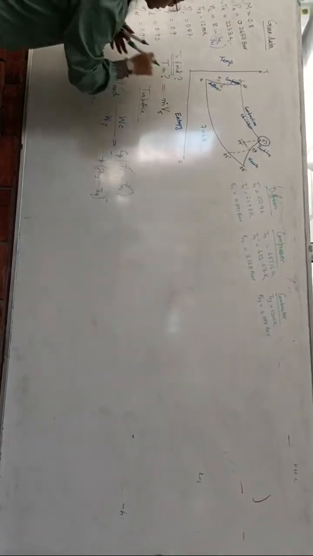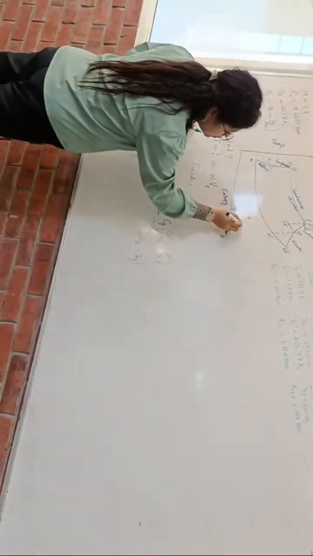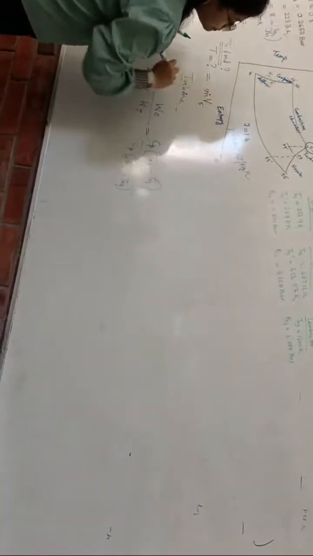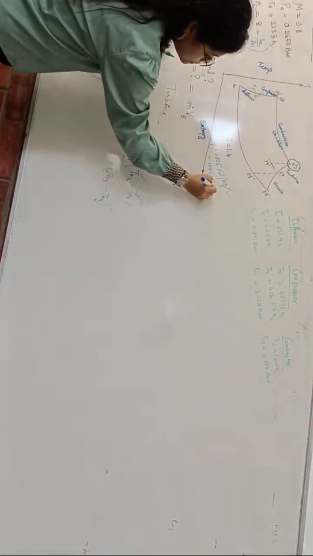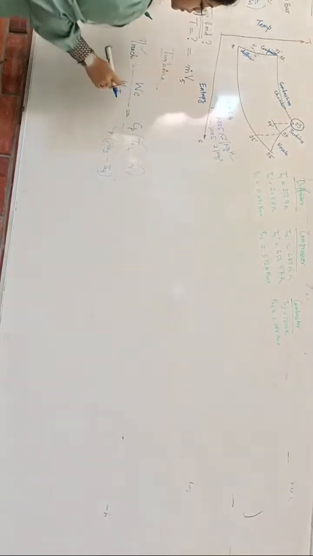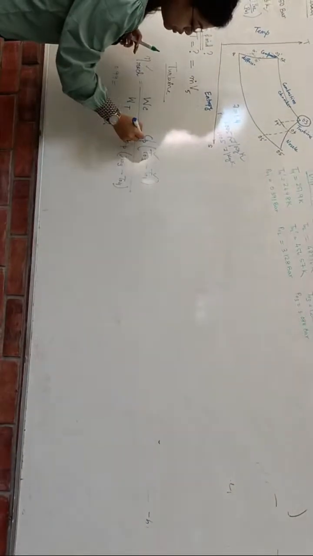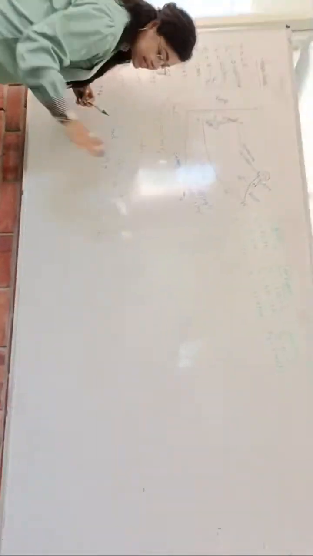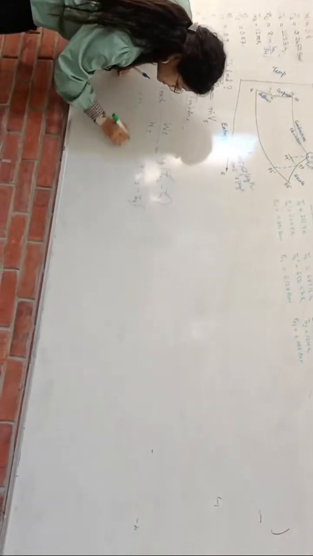If not given, remember the value of Cp, 1.005 kilojoule per kg Kelvin, which you need to convert to 1005 joule per kg Kelvin. As the values are not given, we take Cp for both the turbine and the compressor as the same, so we simply cancel it off. Now I will substitute this.